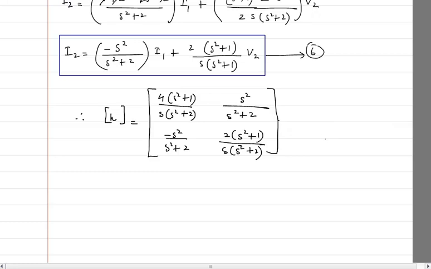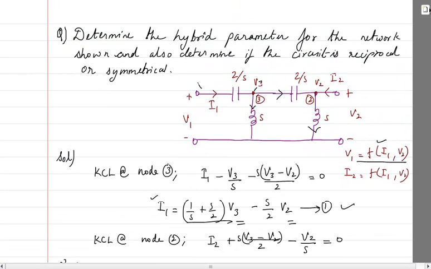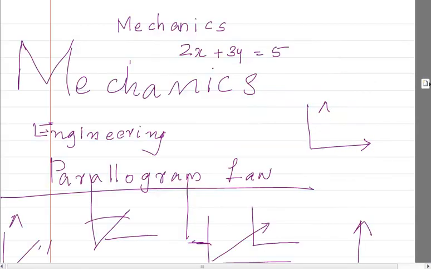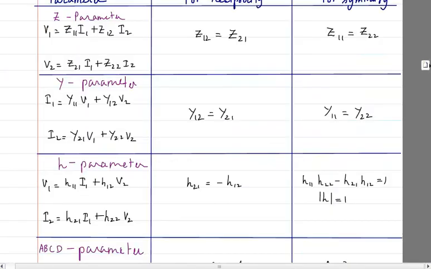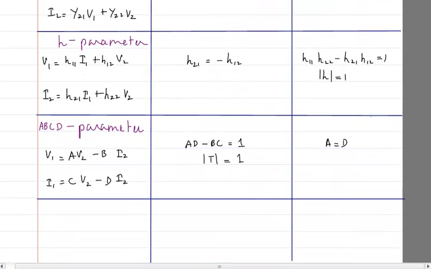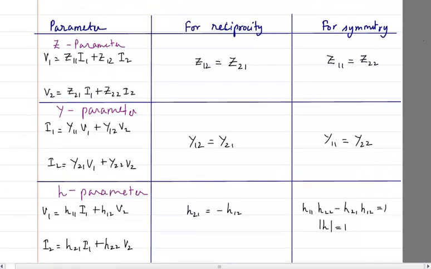Now from this one I have to also determine, if you remember the question was, if the circuit is reciprocal or symmetrical, and we know the conditions for symmetrical and this thing that we have already studied and we have written it down. One is for the circuit to be reciprocal.